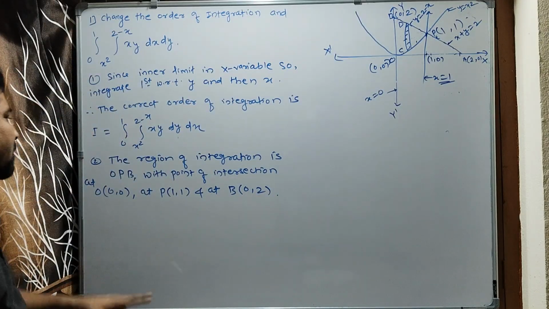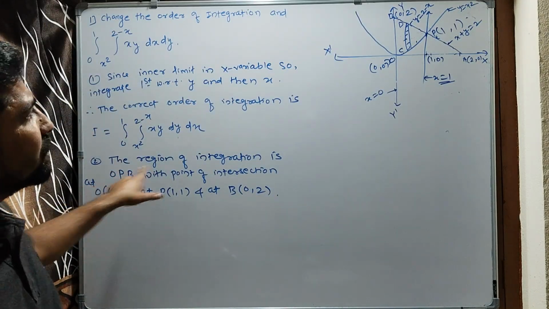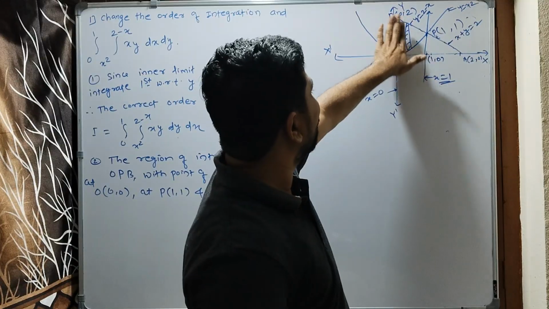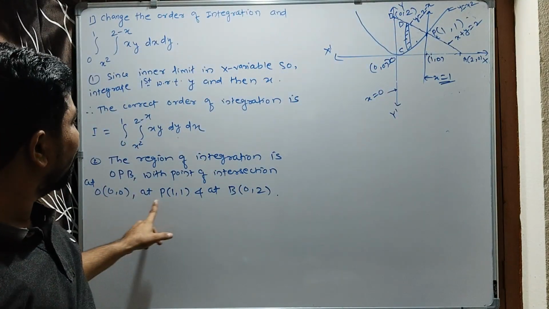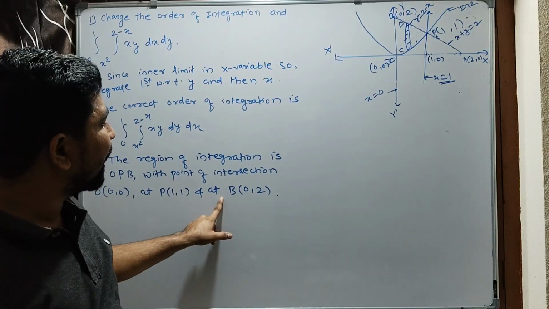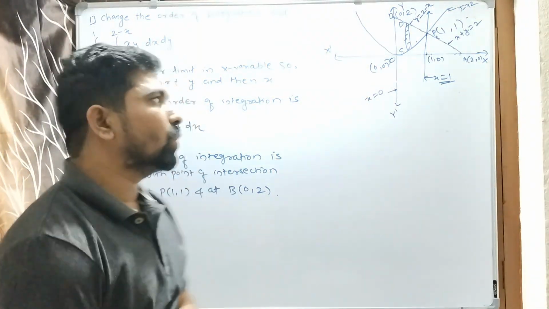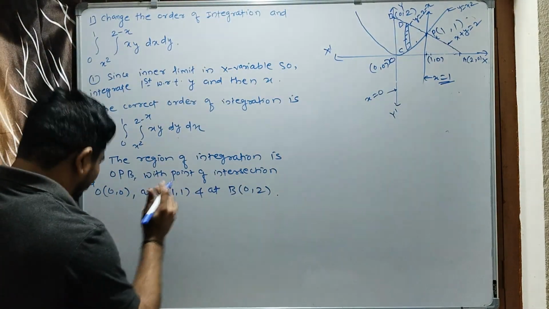So OPB is the region of integration with points of intersection at the origin (0, 0), at P (1, 1), and at B (0, 2).